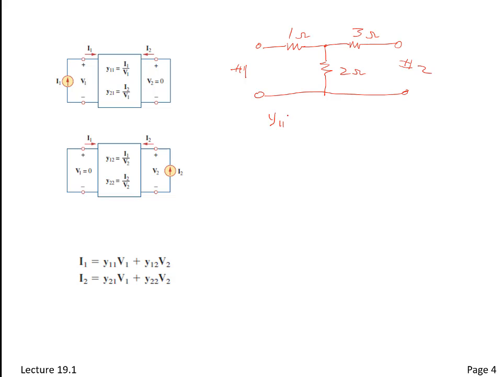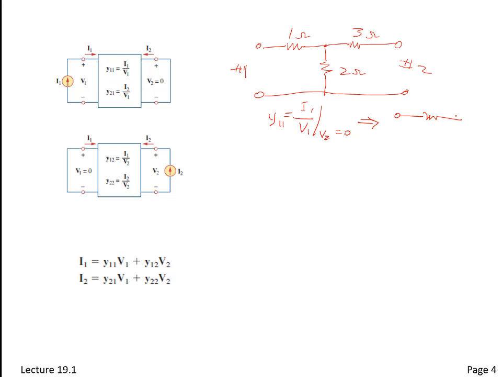So y11 is equal to I1 over V1 when V2 is 0. So let's find that. When V2 is 0, we'll just short this out. So I'll redraw the circuit here in case we want to use it again. When V2 is 0, we've shorted this out.